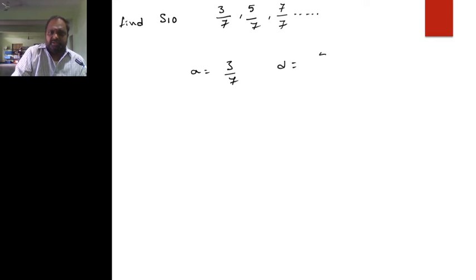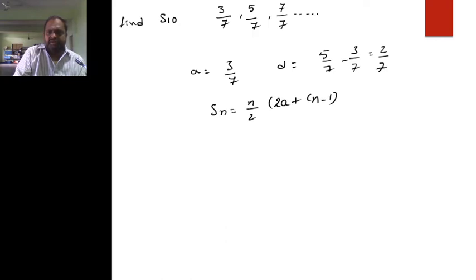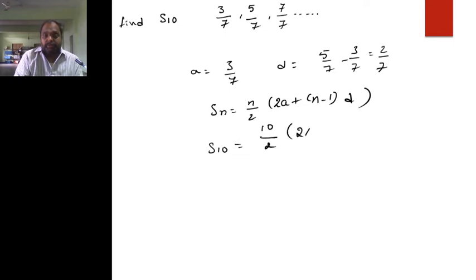D is equal to 5 by 7 minus 3 by 7, that is equal to 2 by 7. Sn is equal to n by 2 into 2a plus n minus 1 into d. That is equal to S10. So if we want to find 10 terms, sum of 10 terms: 10 by 2 into 2 into a means 3 by 7 plus n minus 1, 10 minus 1.